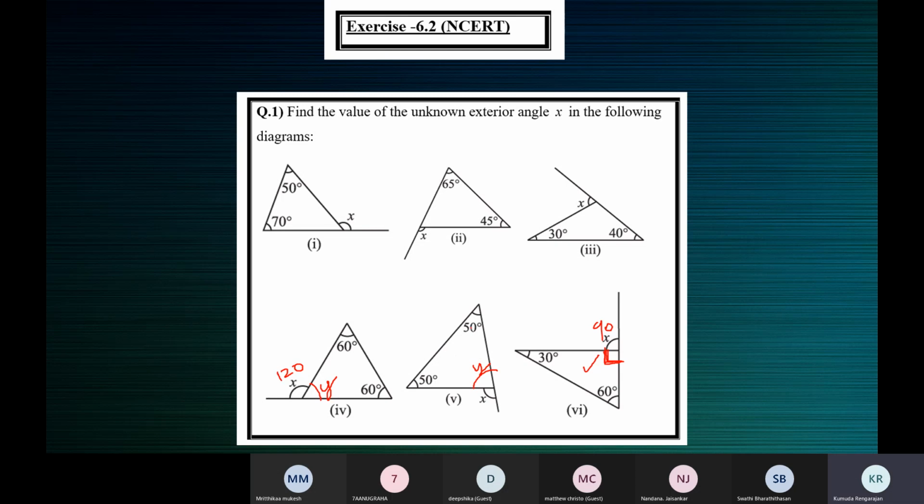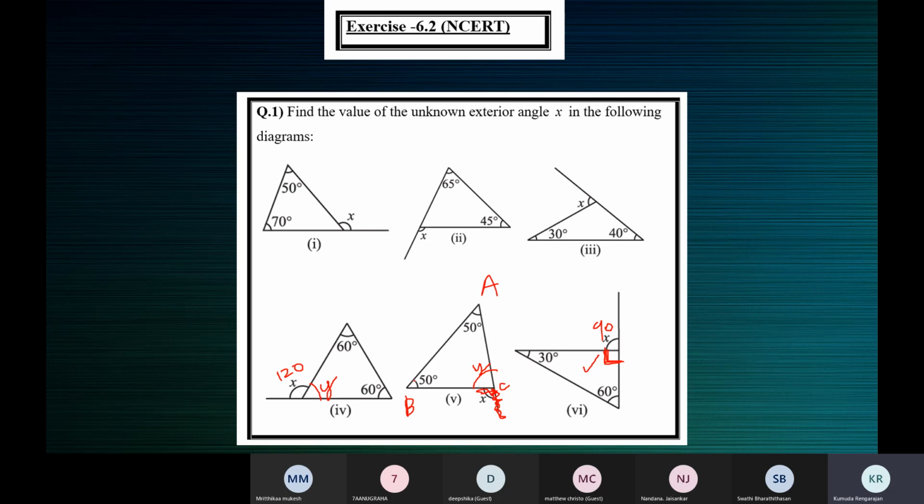Now if I name this triangle ABC, don't see the extension. Now two angles are equal: angle B is 50 degrees, angle A is 50 degrees.